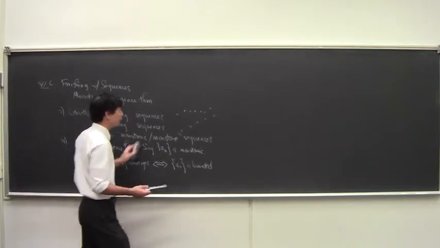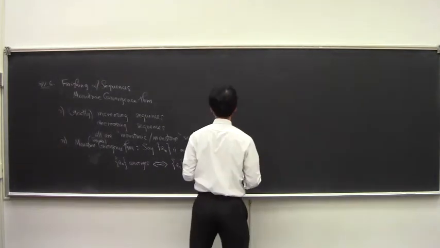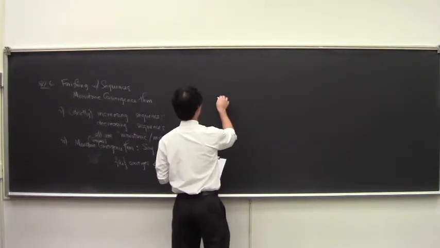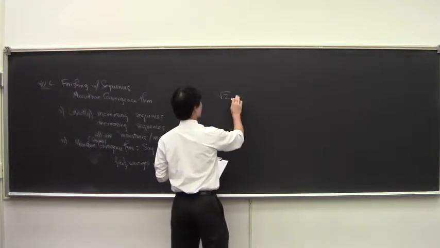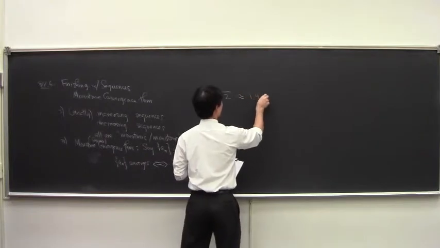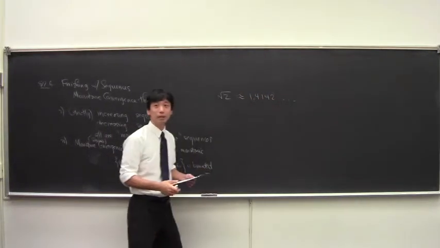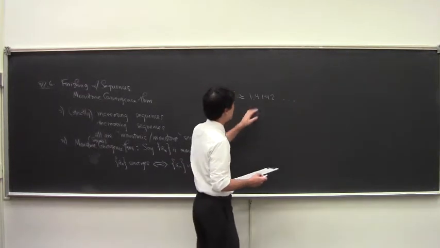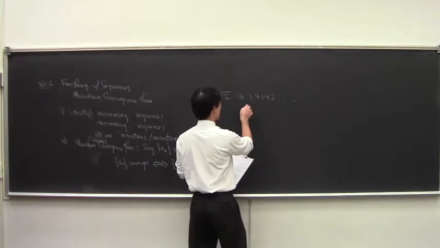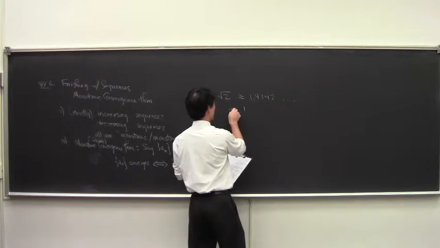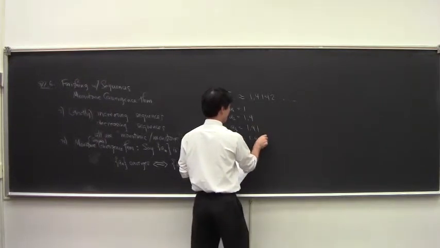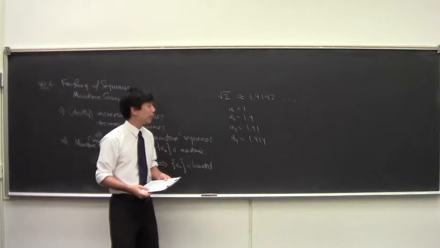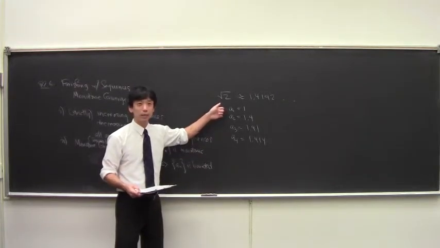So for example, if I look at the square root of 2, which is something like 1.4142, and I make those numbers into a sequence as follows: I let the first guy be 1, the second guy be 1.4, the third guy be 1.41, the fourth guy be 1.414, etc. Then this is a monotone sequence.